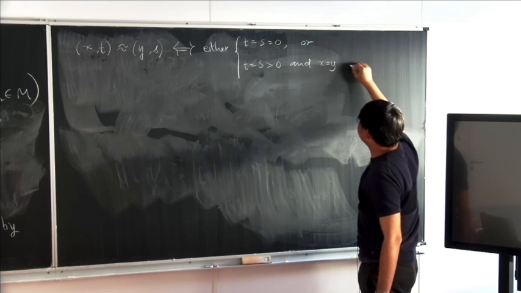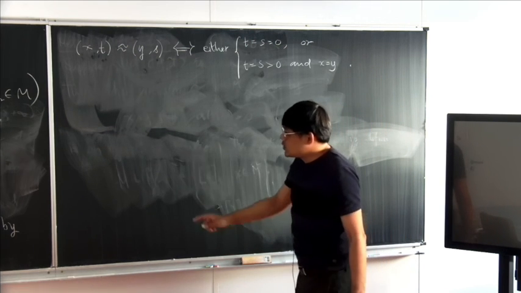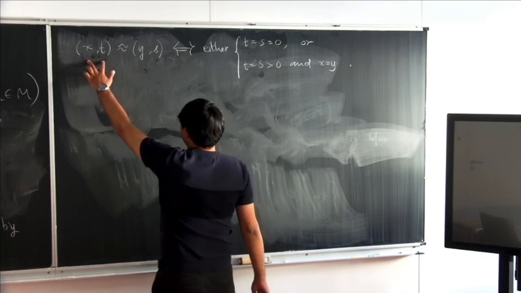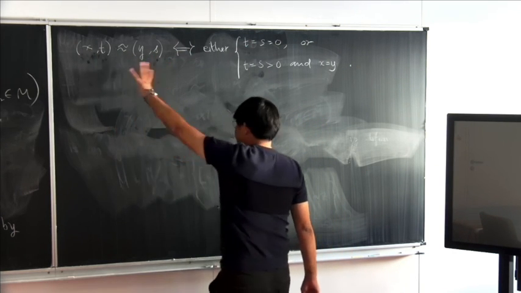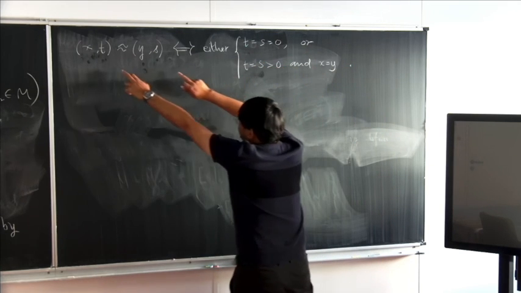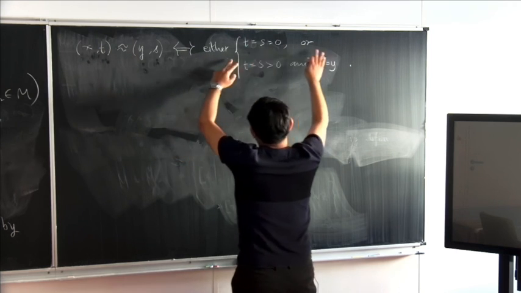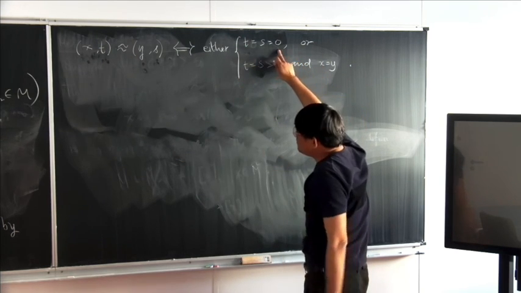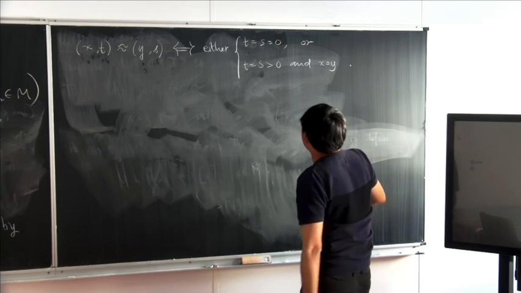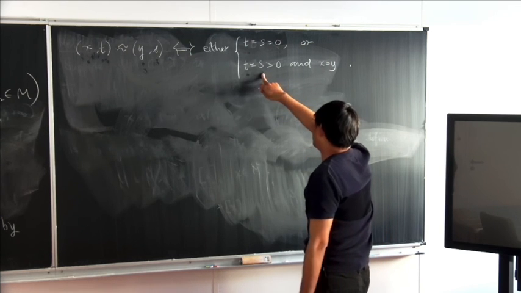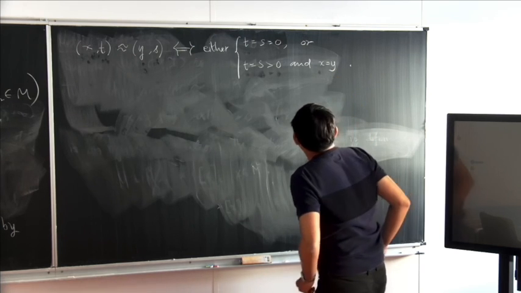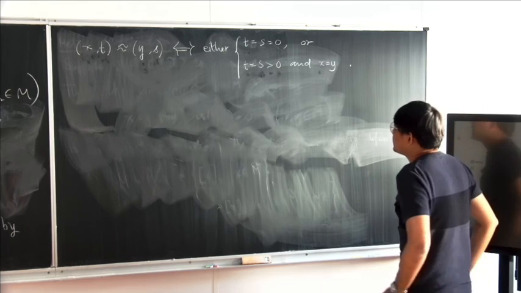So the equivalence relation is defined by this relation. (x, t) and (y, s) are equivalent if and only if either the two parameters t and s are both 0, or otherwise t and s are equal and non-zero, and at the same time x and y are the same.